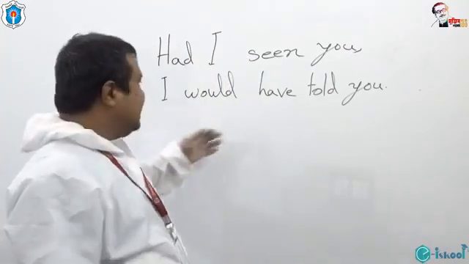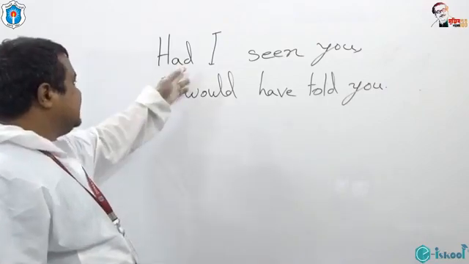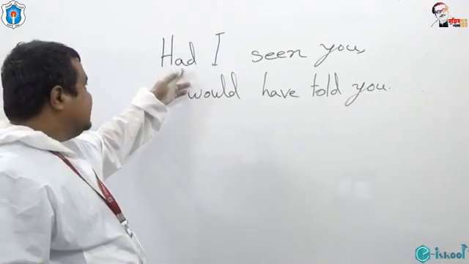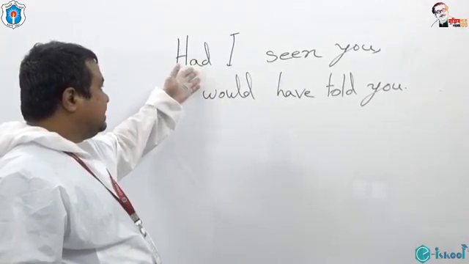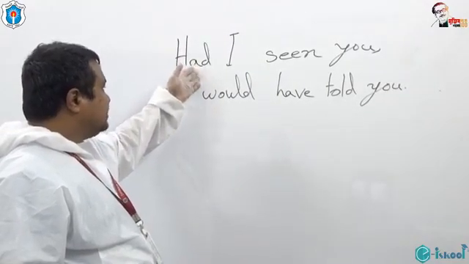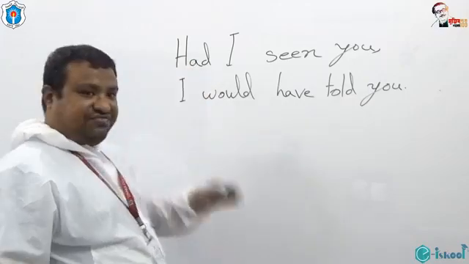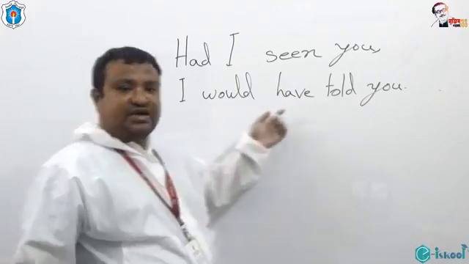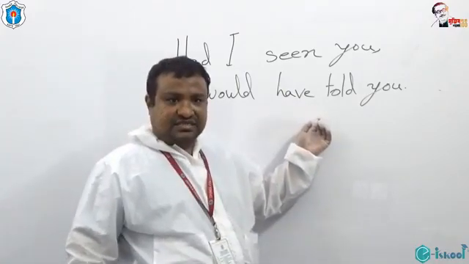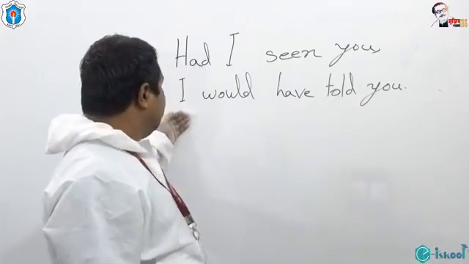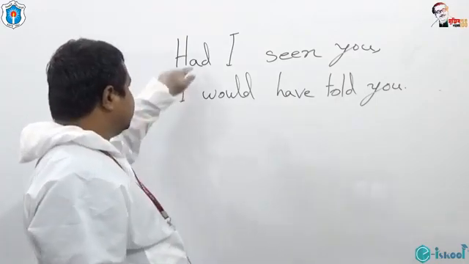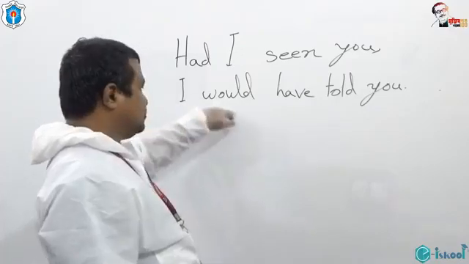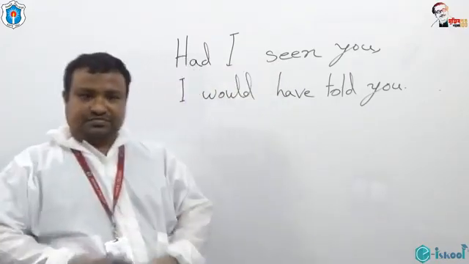Now when the structure itself starts with the word had, a kind of past perfect structure, definitely this will again be followed by the would have phrase. So if we have had plus subject plus past participle, we will use subject plus would have plus past participle.